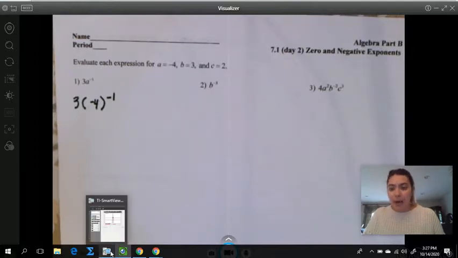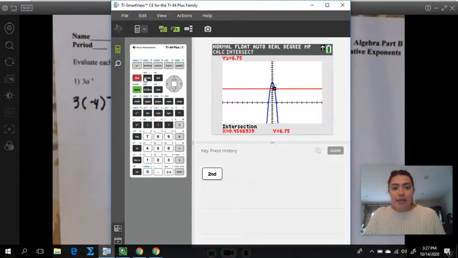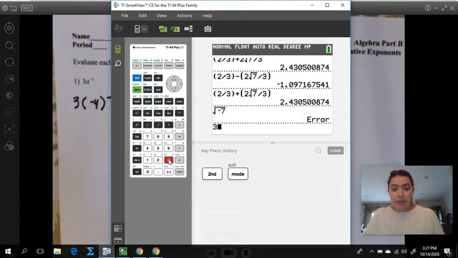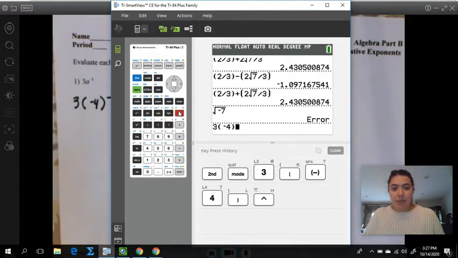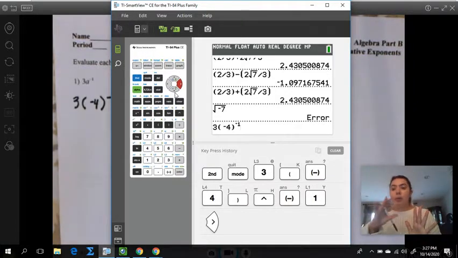Now, we can choose to do this by hand, like how we learned some ways yesterday, or we can take out our graphing calculator. We make sure that we are typing in our parentheses where they should be: 3 times -4, which stands for a, to the negative first power. Now remember, anything to a negative power is going to bring it to the denominator of the fraction.